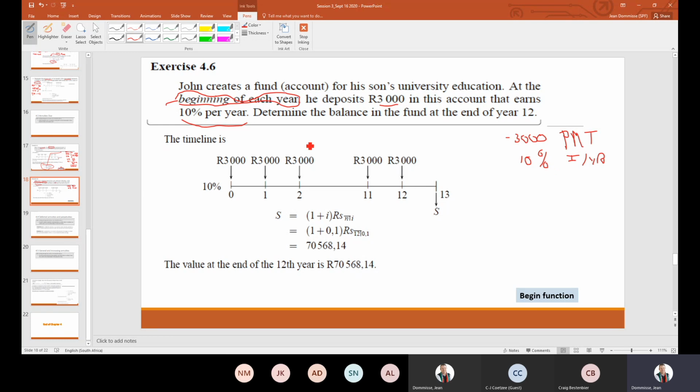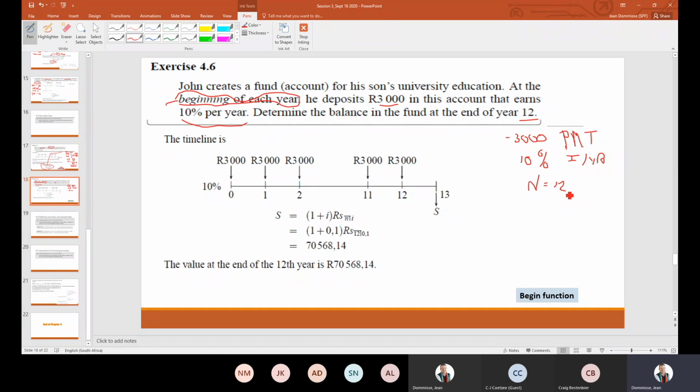So let's see what else. Determine the balance in the fund at the end of year 12. So basically, they want to know after 12 years, what is the amount that is in the fund. So let's just say again, one time per year for 12 years. So there is basically 12 periods. The interest was 10, minus 3,000 PMT.